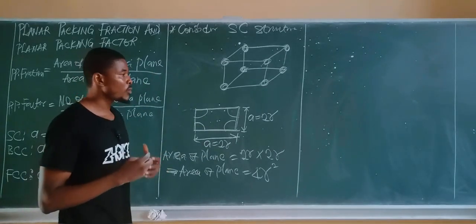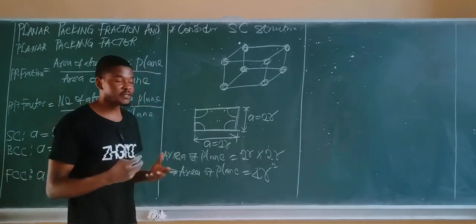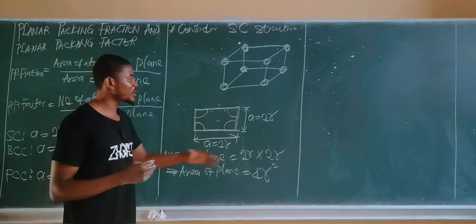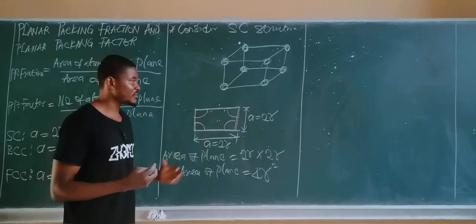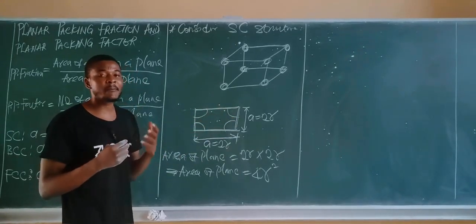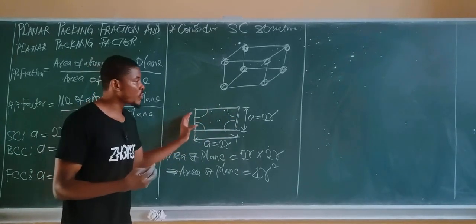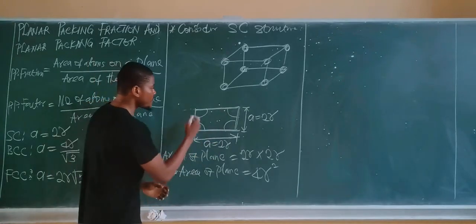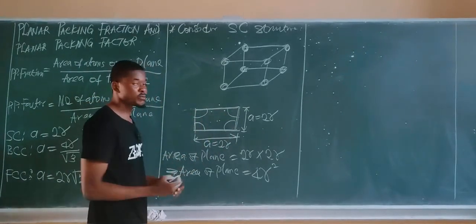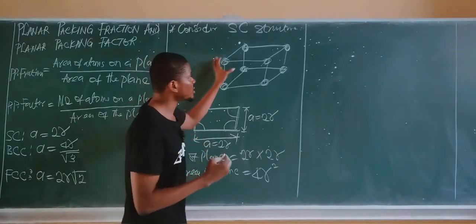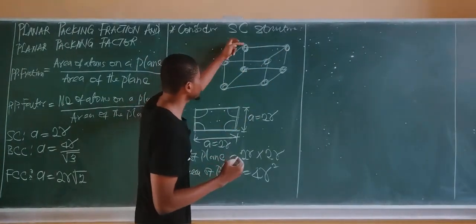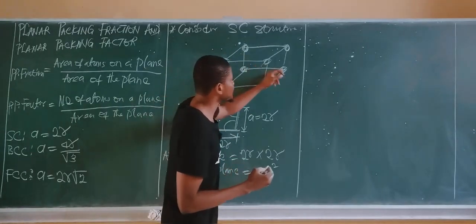In the previous video, when I talked about crystallographic planes, I said that these corner atoms are not actually providing their entire volume or their entire area, as can be seen here. Rather, they are bringing part of their area. Now we've considered this face. For this face, we have 1, 2, 3, 4 corner atoms. In the previous video, I explained that on the simple cubic structure we have 1, 2, 3, 4, 5, 6, 7, 8.